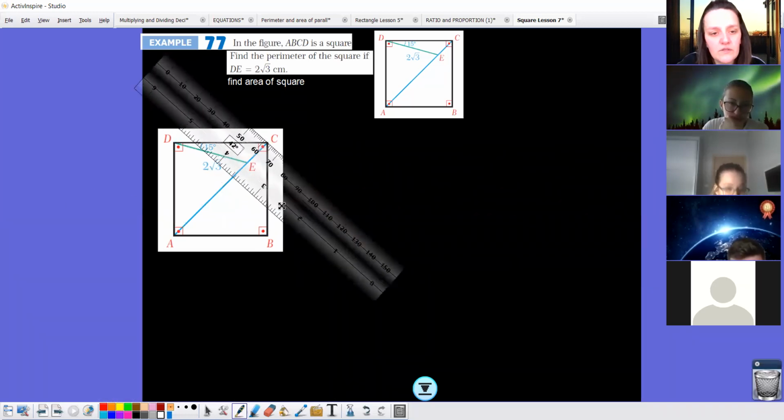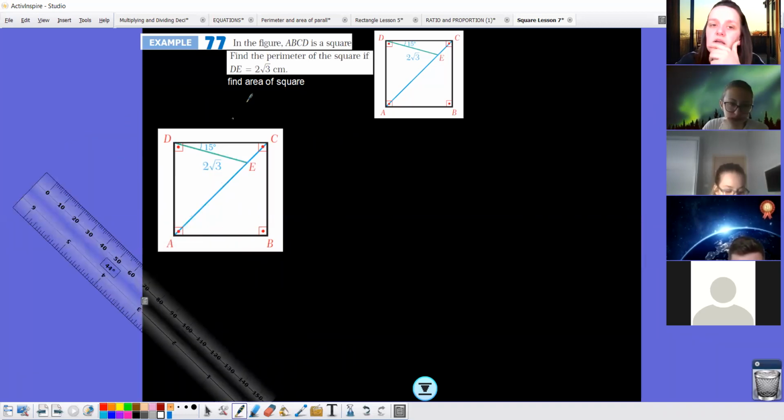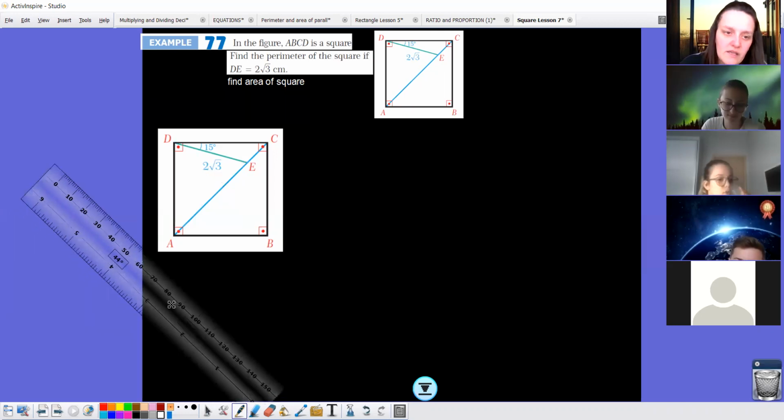What is given in the question? What is given, what is asked? It's a square. The perimeter and the area are asked, and it's given only that it is a square, this side DE is 2 root 3, and this angle is 15. Nothing else is given.